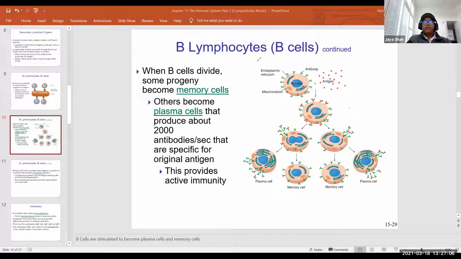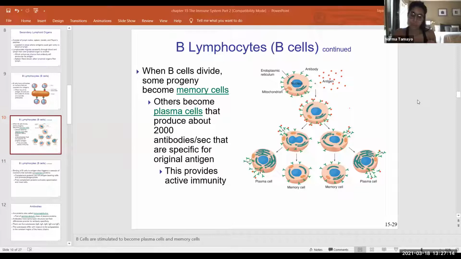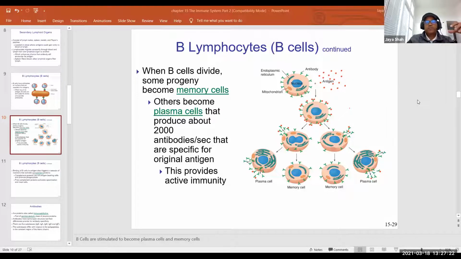And then complements, what do complements do? Complements help the phagocytic cells to phagocytose microorganisms.